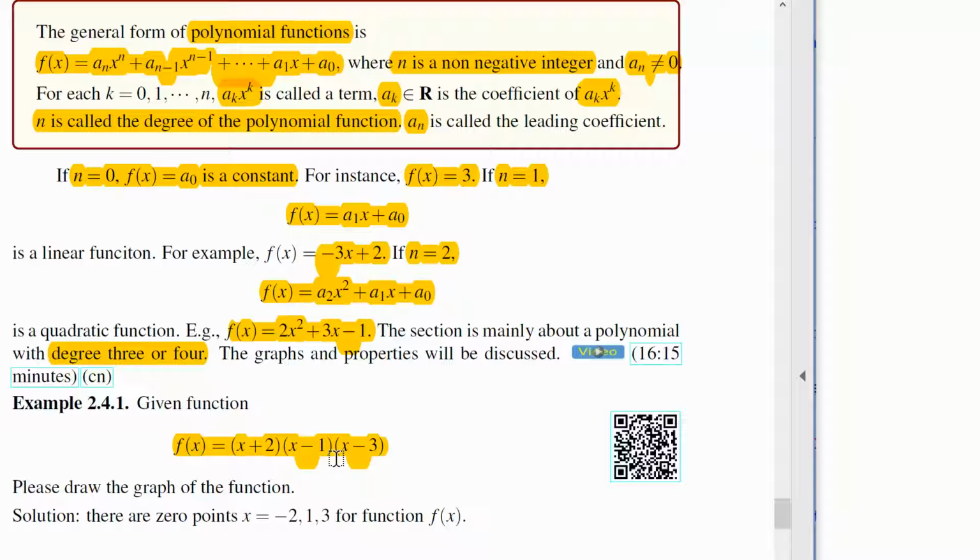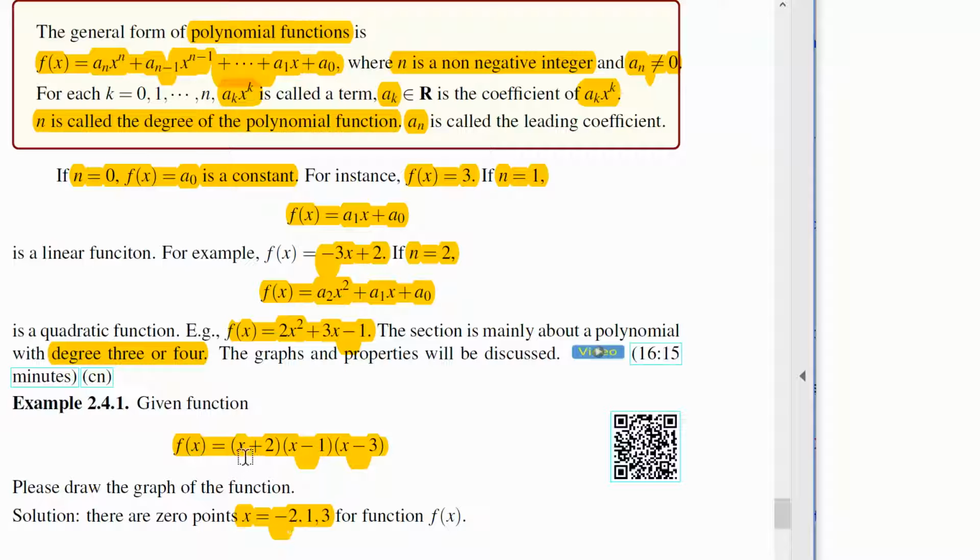Before we do that, we have noticed that we have 0 points. For what? For x equals -2, 1, 3. One factor here is x plus 2.